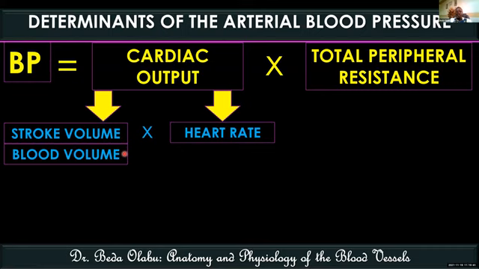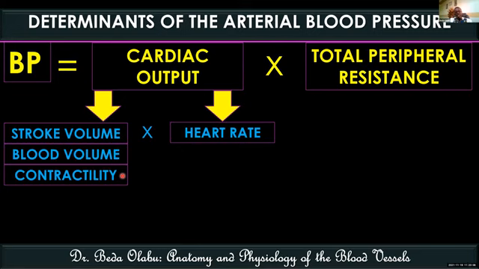If blood volume is low, vice versa. Stroke volume is also influenced by the contractility of the heart, the force of contraction of the heart. If the heart contracts strongly, then the stroke volume will be high. If there's a weak contraction, the stroke volume will be low.